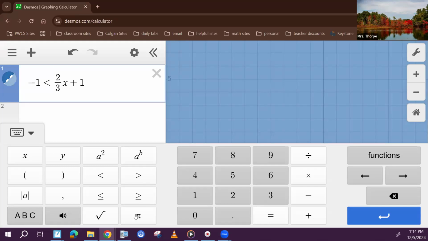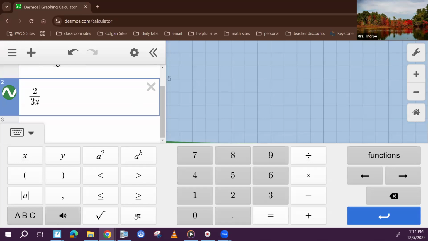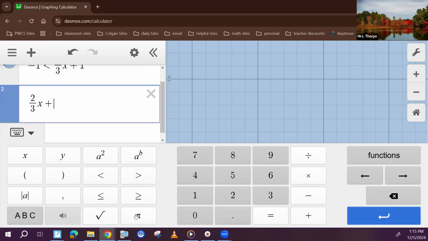Then take the second part, the middle of that, 2/3 x plus 1 is less than or equal to 5.